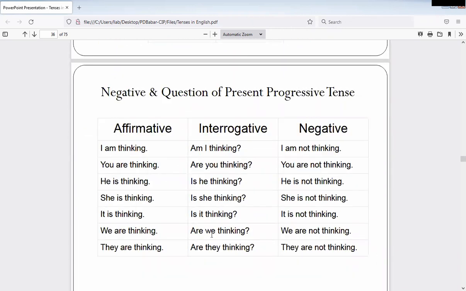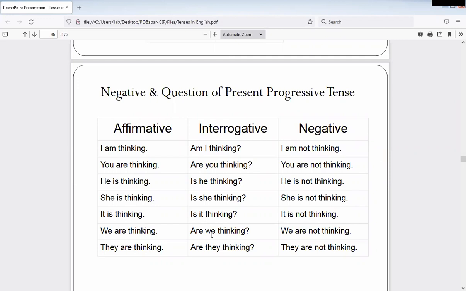Let's see the negative, affirmative, and interrogative form of the present progressive tense. Okay, negative, interrogative, and affirmative. If I am thinking is the affirmative, its negative form will be I am not thinking.